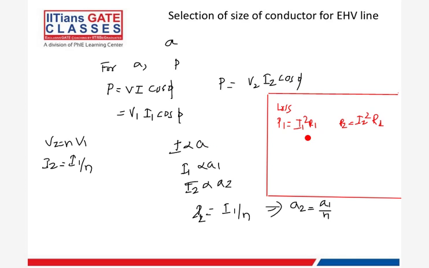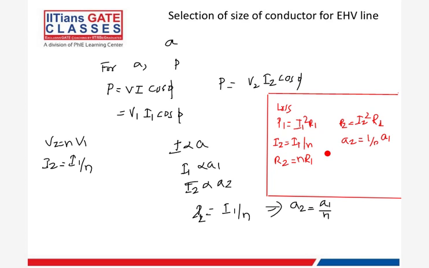What we know is that I2 is I1 by N, and we also know A2 is 1 by N A1. Since R is proportional to 1 by A, R2 will become N R1, because the length is not changing and it is the same material.